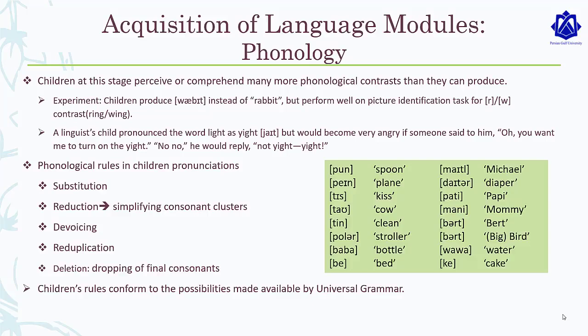Here in stroller, again we have simplification of the consonant cluster to one sound, and then the replacement of t with p. Do we have any other case of this replacement? Yes, poppy is pronounced potty, and diaper is pronounced as diter.